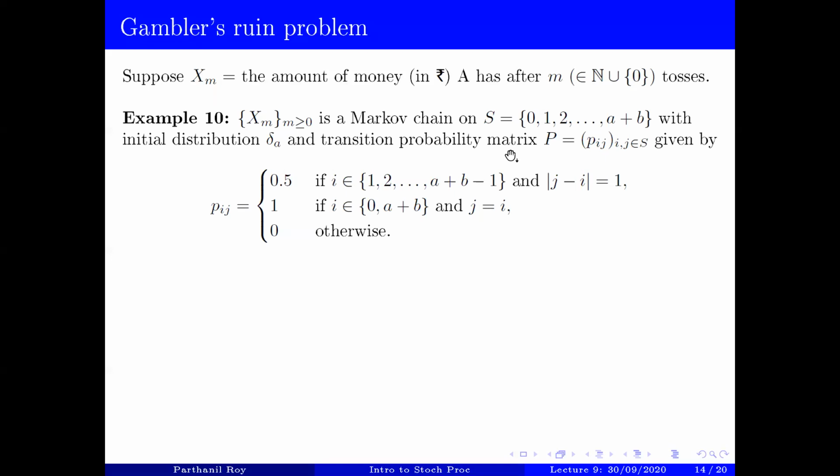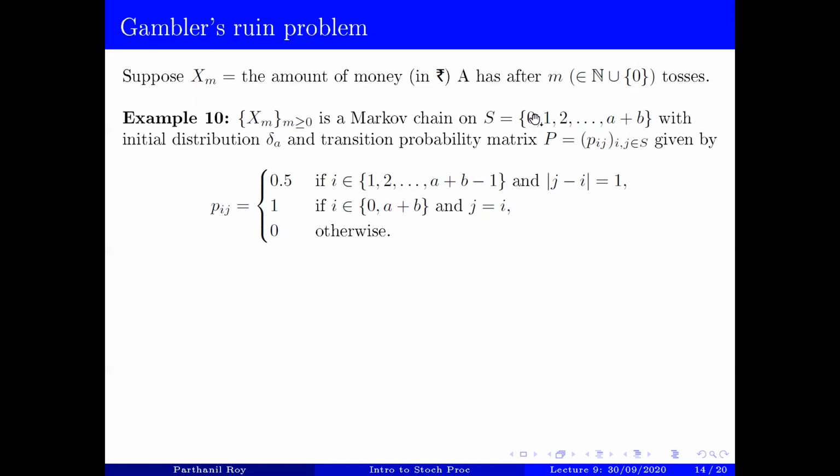And the transition probability matrix P_ij is given as follows. If i is taking any of the values except the boundary values 0 and a plus b, then it will go to one of the nearest neighbors with equal probability. So from i it will either go to i plus 1 or i minus 1 with probability half.